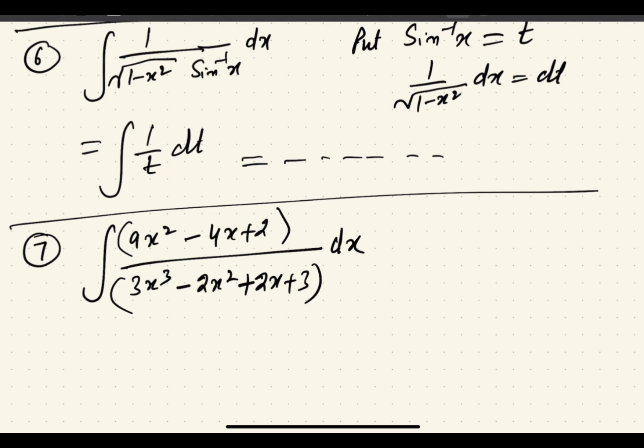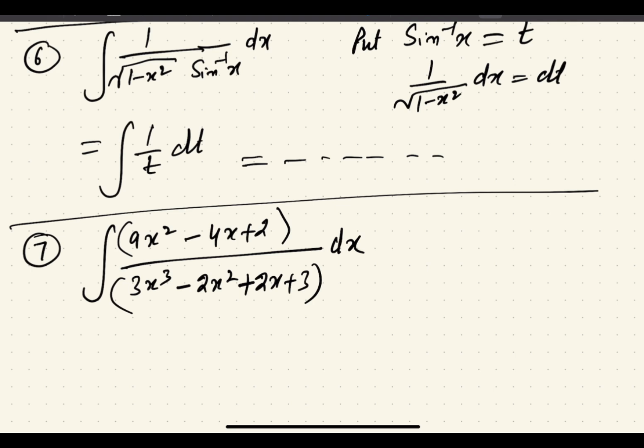First check if this function's derivative is present in the numerator. The derivative of this is 9x square, yes, that's there. Then minus 4x, yeah, that's there. Then plus 2, this is here, plus 0, right? It's already there.